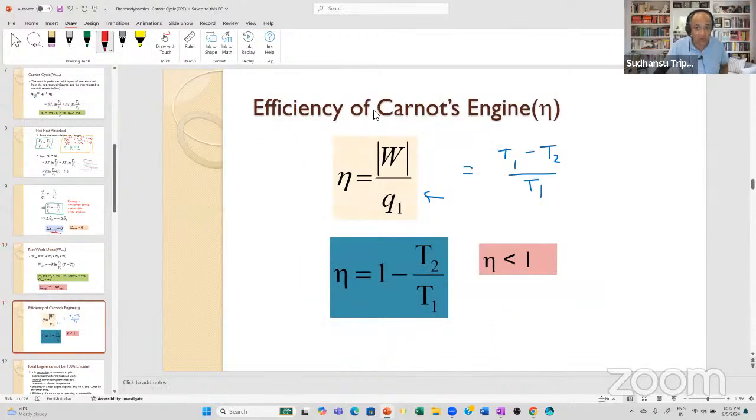Now, the efficiency of a Carnot engine, eta, is defined as the magnitude of the work done. Don't take the minus sign. The expansion work will be negative, but don't take that. The magnitude of the work done divided by the heat absorbed from the source.